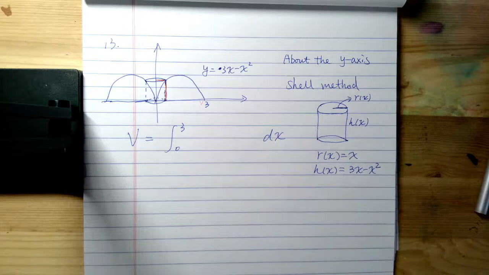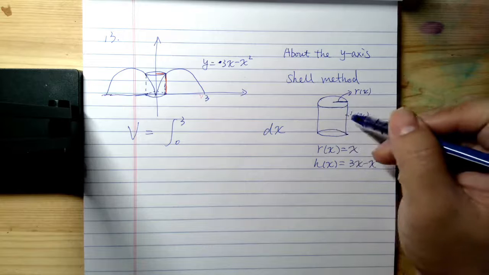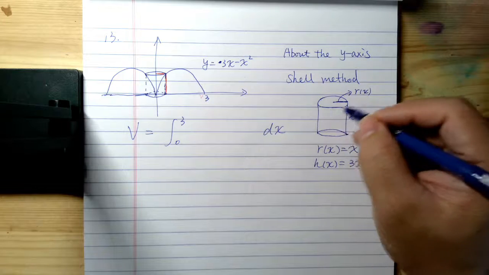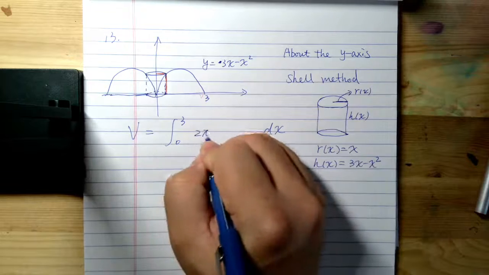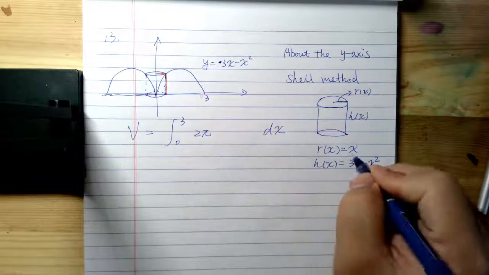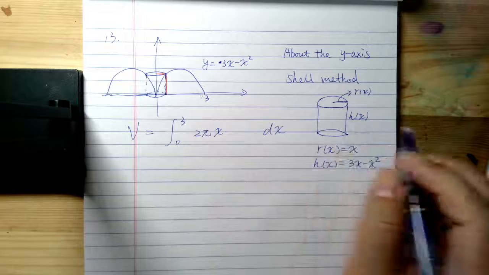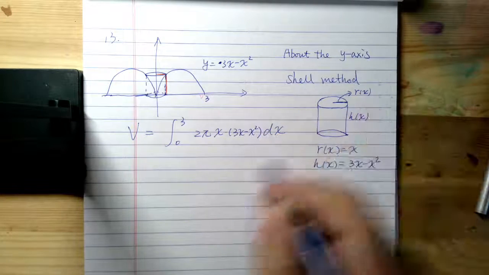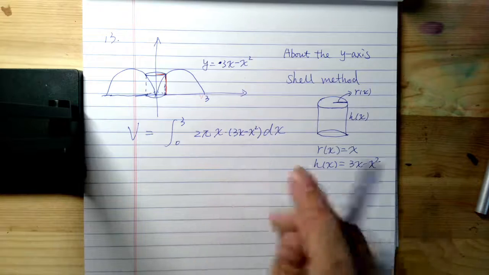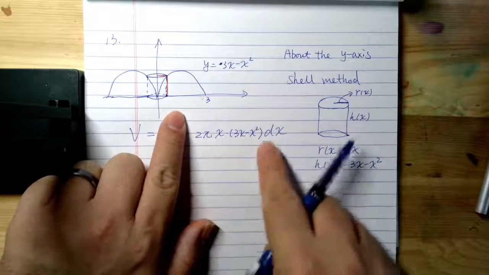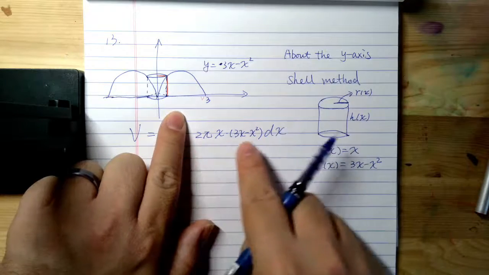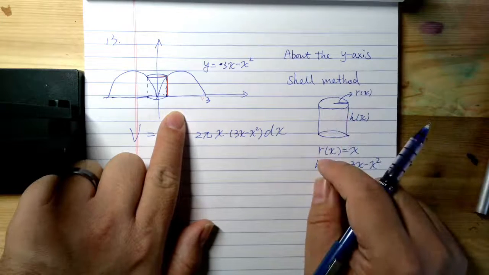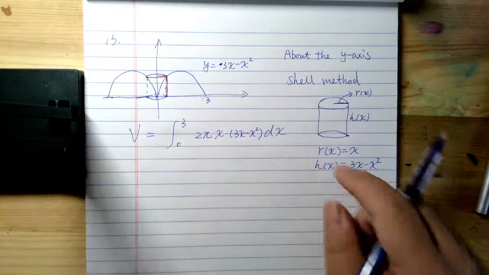So the volume of this shell is going to be the circumference, which is 2 pi times R(x), which is x, and then times the height, which is 3x minus x squared, and then times dx. This part stands for the volume of this general shell, and it's from 0 to 3.